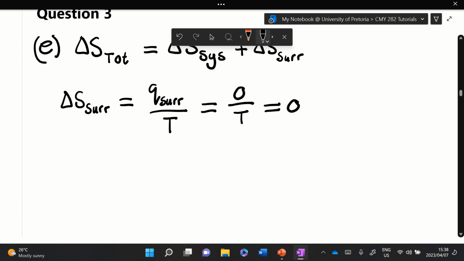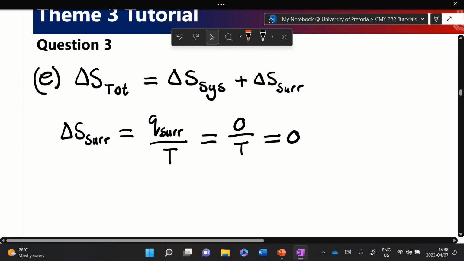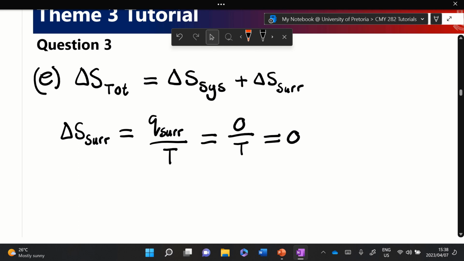For the system, it depends. The system depends whether or not it's reversible or irreversible. If it's reversible, then the system's change is also zero. If it's irreversible, it's larger than zero. And then it depends on whether it's an expansion process or a heating process.